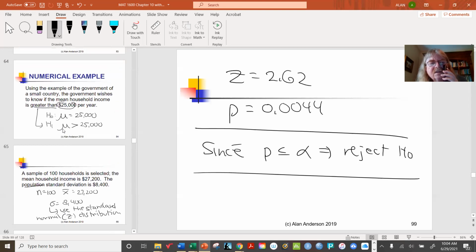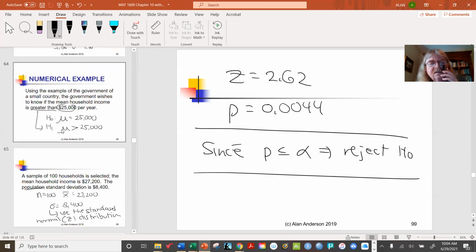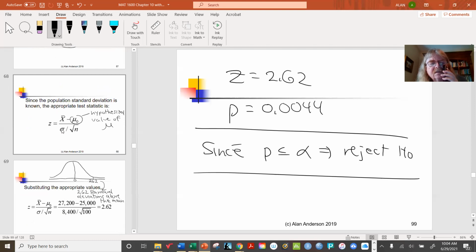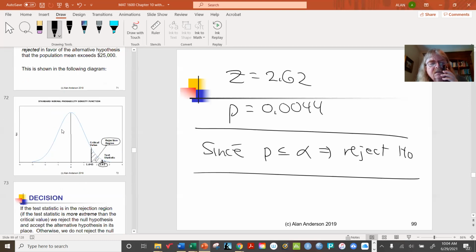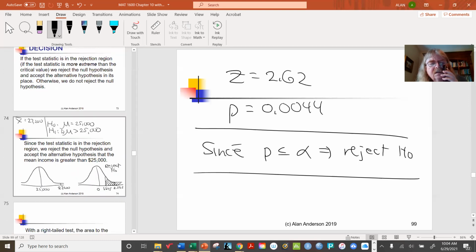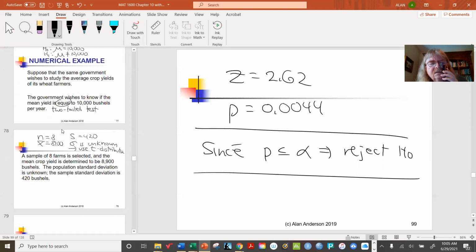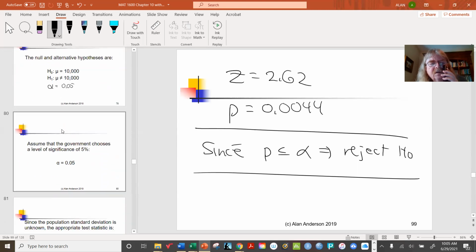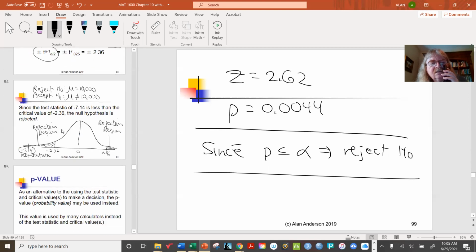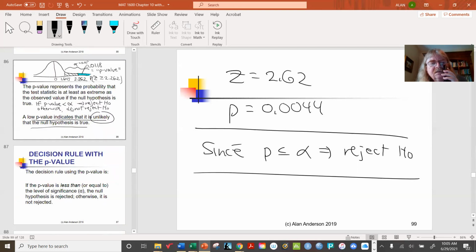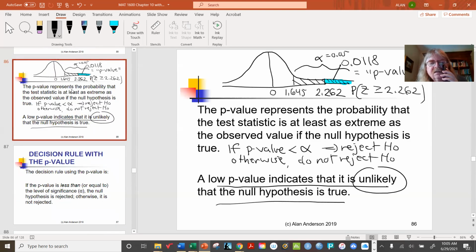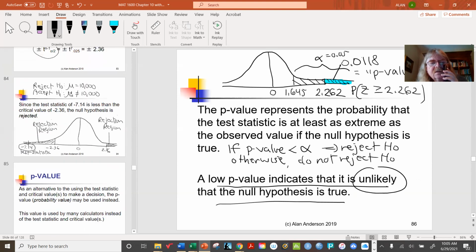I thought it was 2.262 for some reason. Oh boy, it's possible. What's going on here?